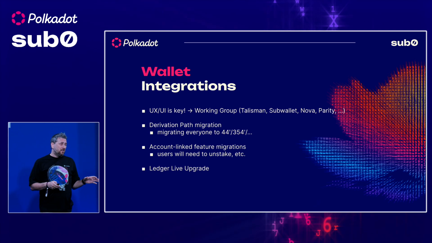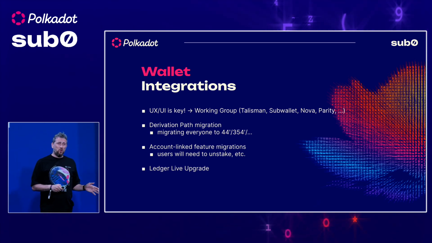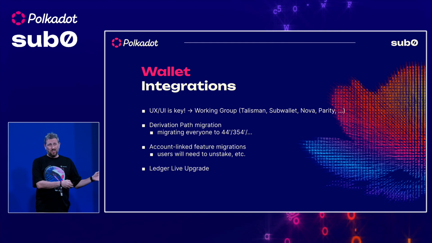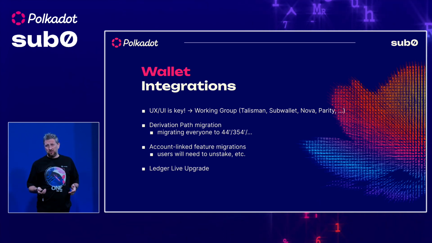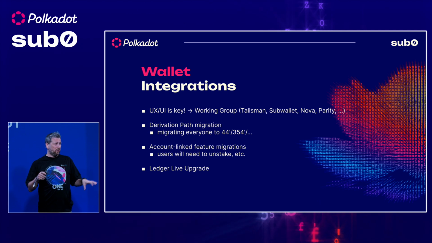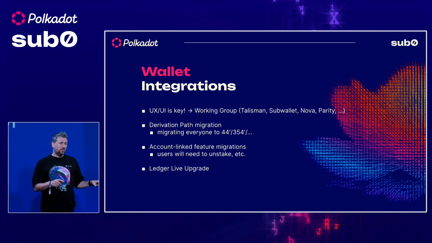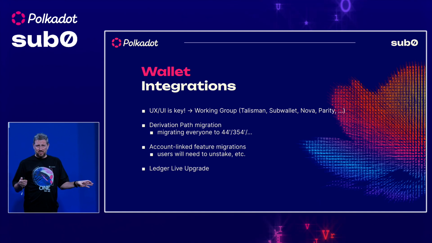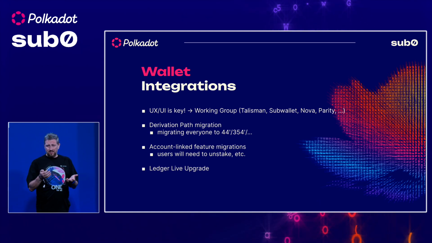There is also something that has been a problem in hardware wallet support for some time. It was highlighted a lot during the crowdloan days, where the different teams were not coordinated in how they chose the derivation path. That resulted in different teams having addresses that were not aligned.